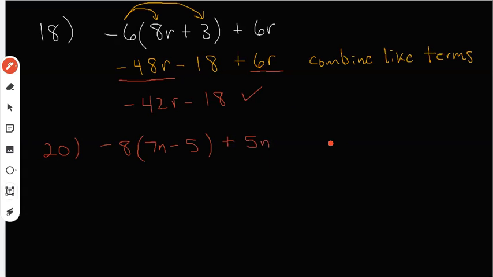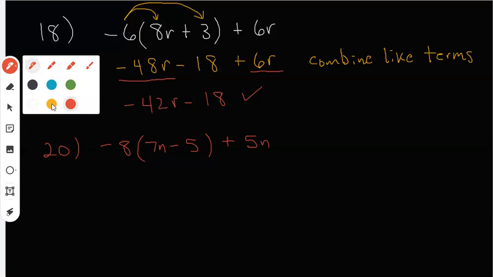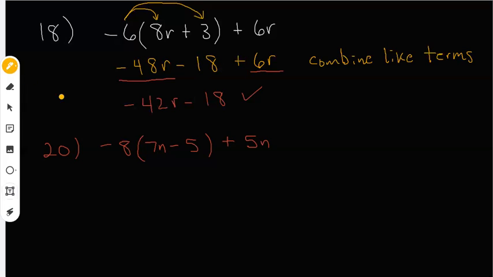So what am I going to do first? I always use distributive property first. I have a -8 on the outside, and a 7n minus 5 on the inside. So I'm going to draw arrows from the -8 to the 7n, and from the -8 to the -5.